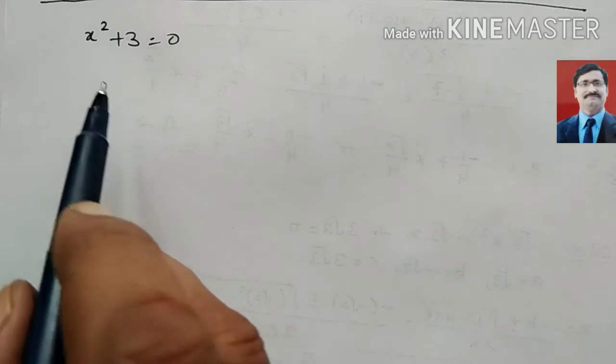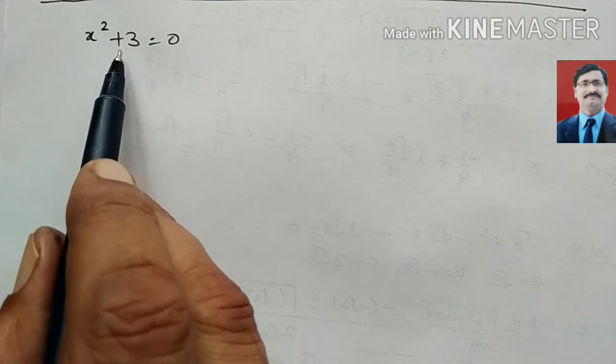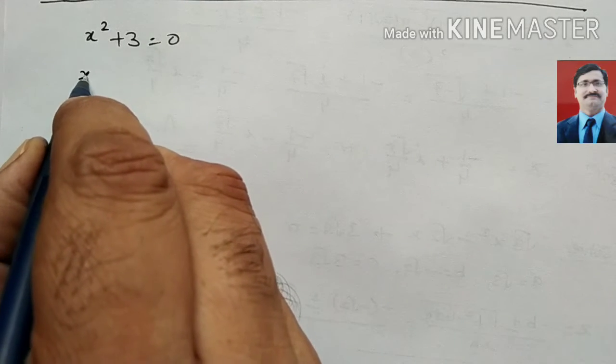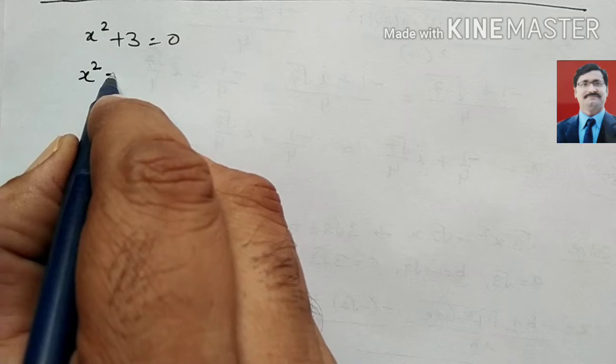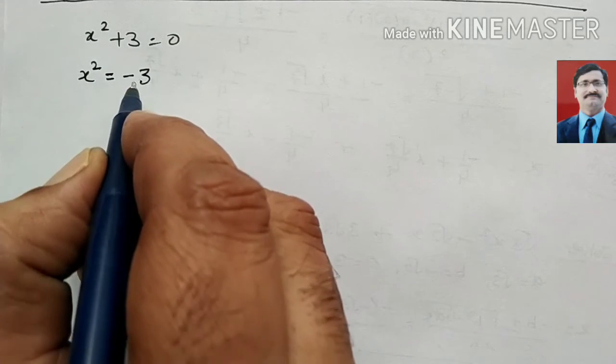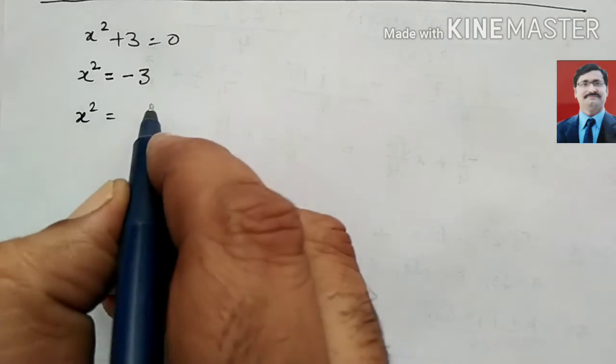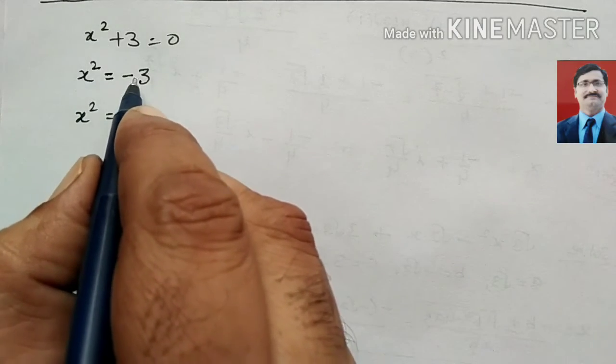Look here all of you, if you are given this question x square plus 3 equal to 0, here we have two methods. One method is you can write here x square equal to minus 3. And this you can write here x square equal to minus 1 into 3.